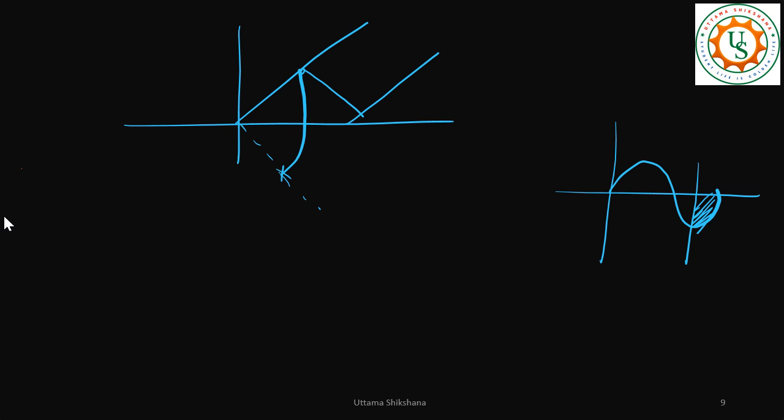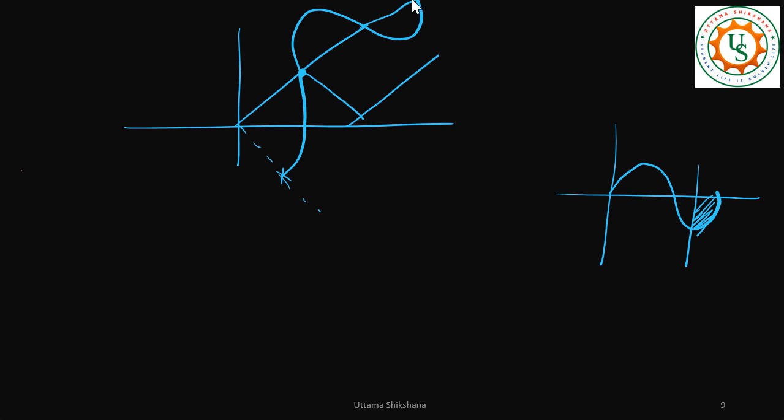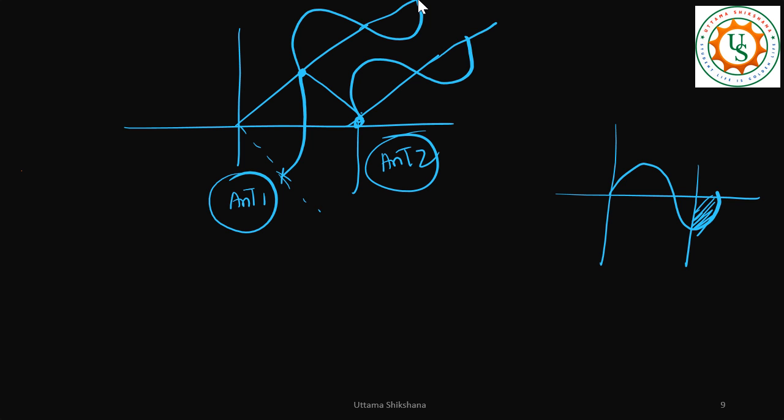Then the signal, by the time it reaches here, then it is starting a fresh signal, right? So here in the second antenna case, it is starting with a fresh signal, so both of them will get aligned. So now you got it across antenna 2. This is how the signal would have started. Across antenna 1, from here the signal would have got started. So I hope you got the clarity.